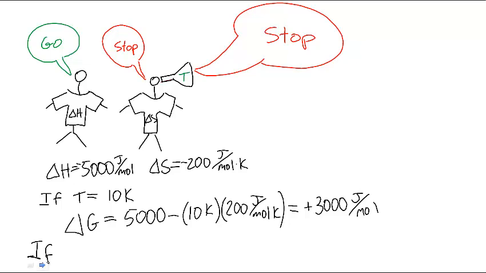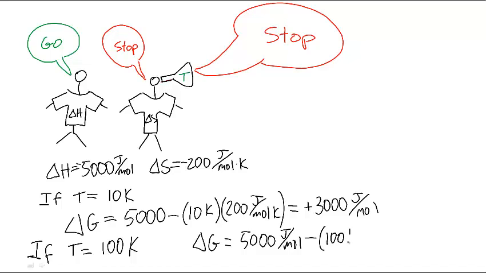If, on the other hand, T equals 100 Kelvin, then delta G would equal 5,000 joules per mole minus 100 Kelvin times 200 joules per mole Kelvin. So now that's 5,000 minus 20,000. Now it's negative 15,000 joules per mole.